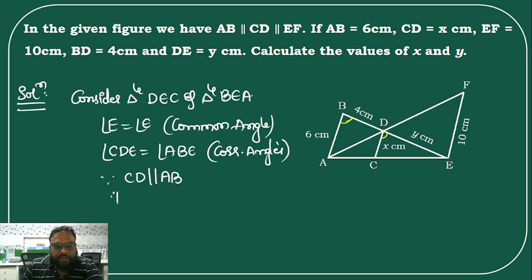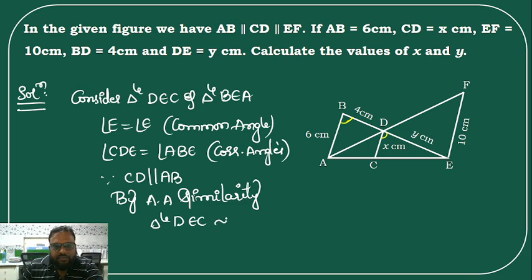So therefore, by AA similarity criteria, you can write that triangle DEC is similar to triangle BEA. If they are similar, the ratios of the sides are equal.